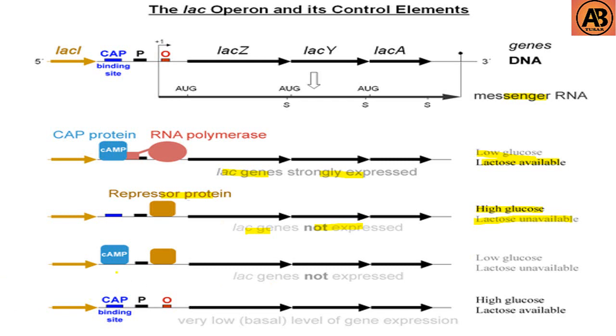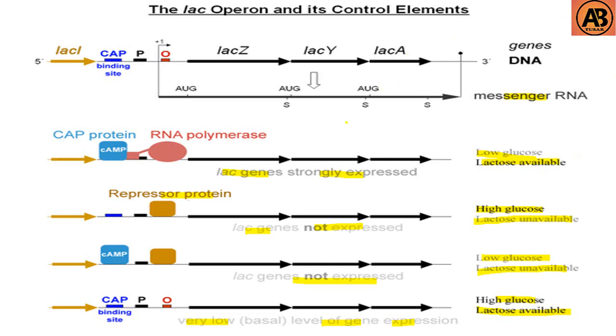Then in the third case, when CAP is activated, Lac genes are not expressed, in case of low glucose and lactose unavailable. Then in the last case, with the CAP binding site, there is a very low basal level of gene expression, with high glucose and lactose available. So we are going to learn this briefly in the next session.